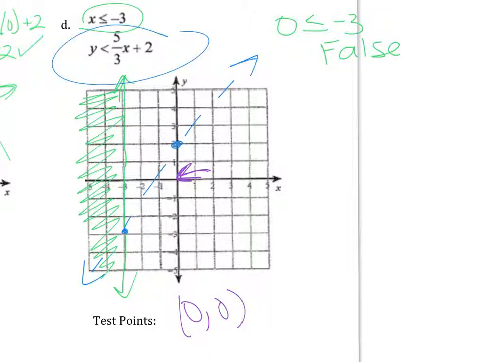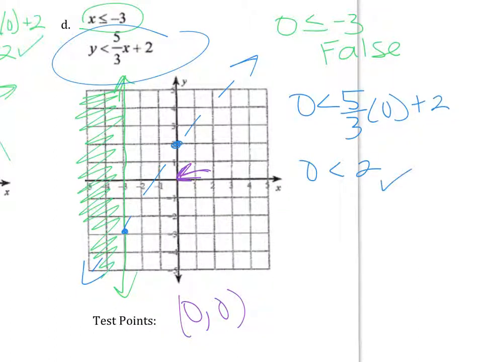For my blue line, I'm going to plug 0 in for x and y. I will get 0 is less than 2, which is true. So that is a true statement, and since (0, 0) is below my blue line and it's true, I'm going to shade where that point is located. So again, you're looking to see where these are overlapping. And it's just going to be this small little corner triangle here that they share as a solution.